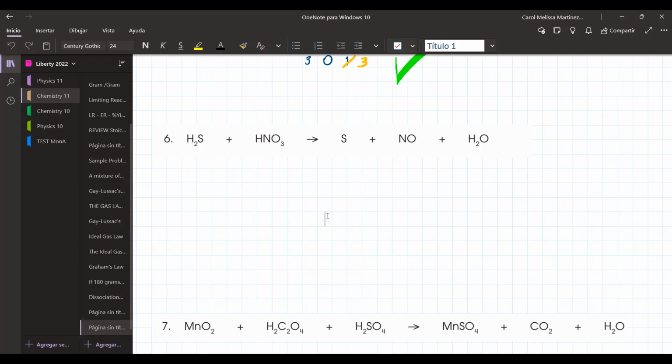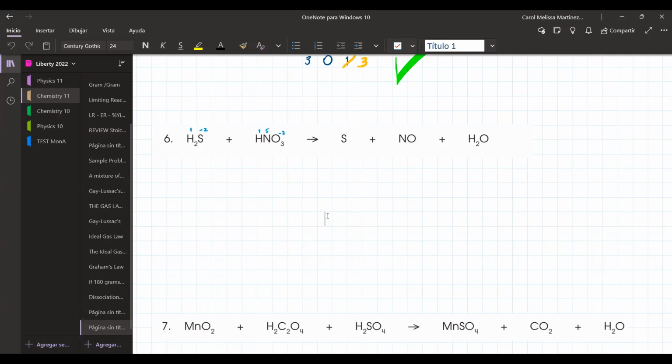You can also apply the rule for hydrogen: hydrogen is +1. Therefore, for this to be balanced, 1 times 2 gives you 2, and I need sulfur to be -2. Then here I have 1, -2, and I need 5.